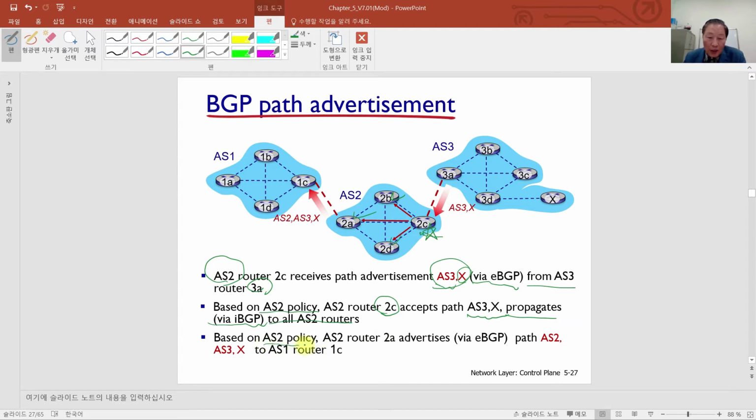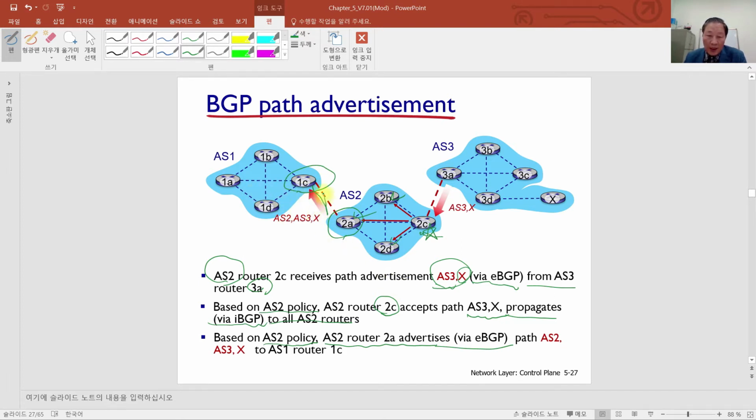Based on AS2 policy, and the policy always has higher priority, thus that will be checked first. AS2 router 2A advertises depending upon that policy, and the policy is approving and accepting that. That information is given to the 1C gateway of autonomous system 1.